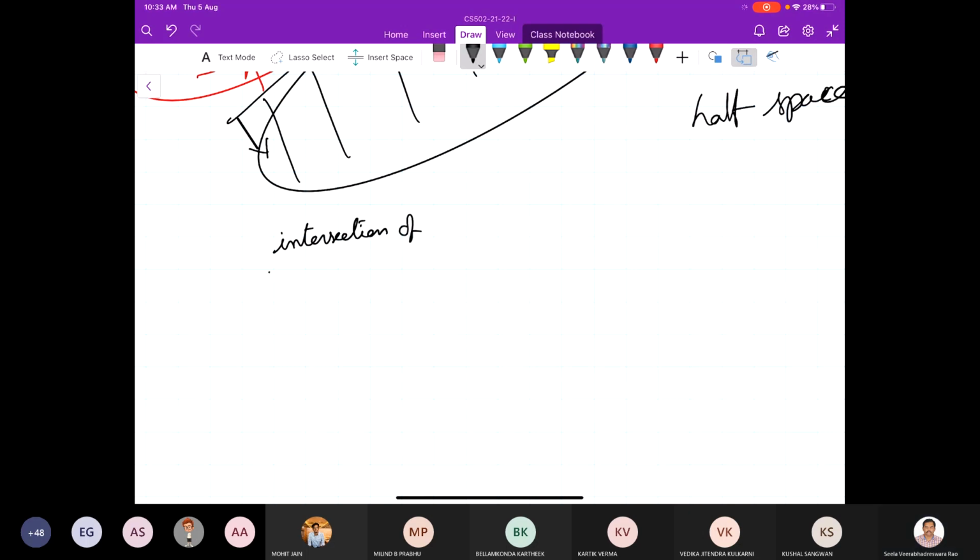Intersection of all half planes that contain these points in S.